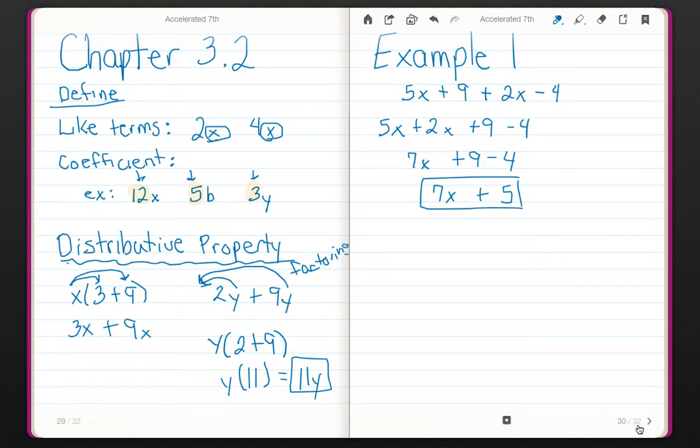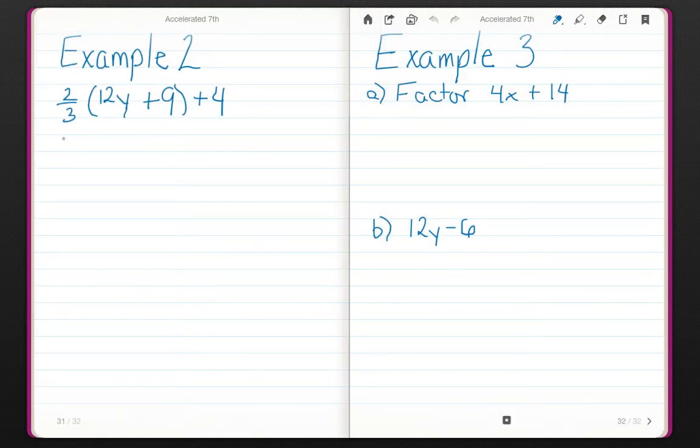Okay? Example 2. 2/3 times (12y plus 9) plus 4. The first thing I'm going to do is expand my problem before I can simplify it. Expanding means I'm going to use the distributive property and distribute this 2/3.